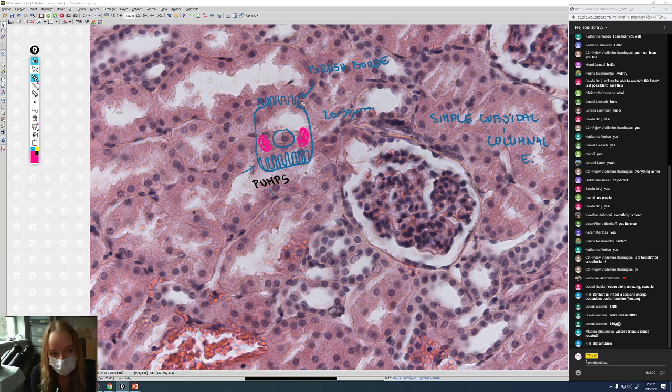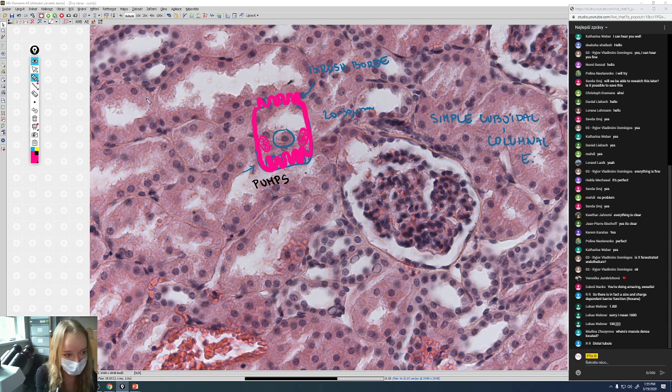I'm drawing this cell blue, but it's very eosinophilic because it contains a lot of mitochondria. Only the nucleus is basophilic, of course, like always, but the whole cell is eosinophilic because of the mitochondria.